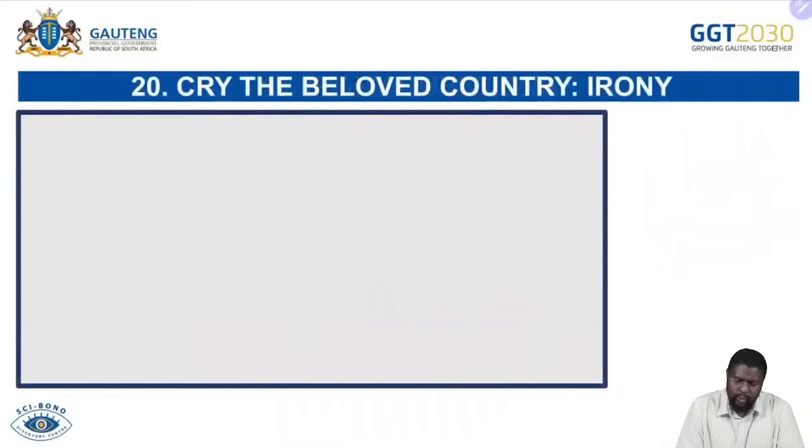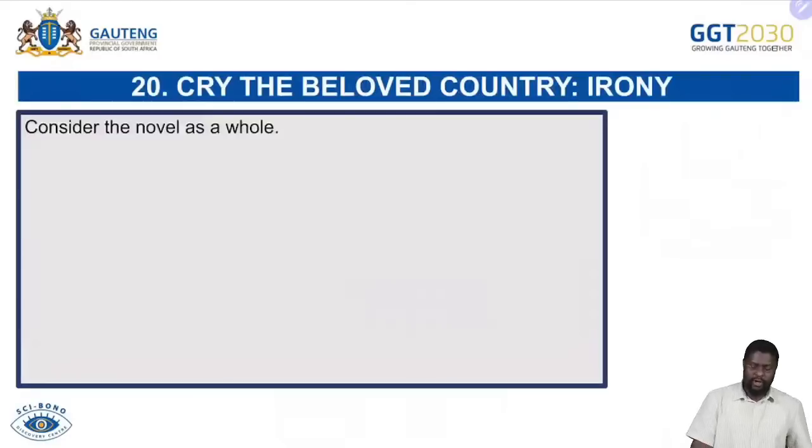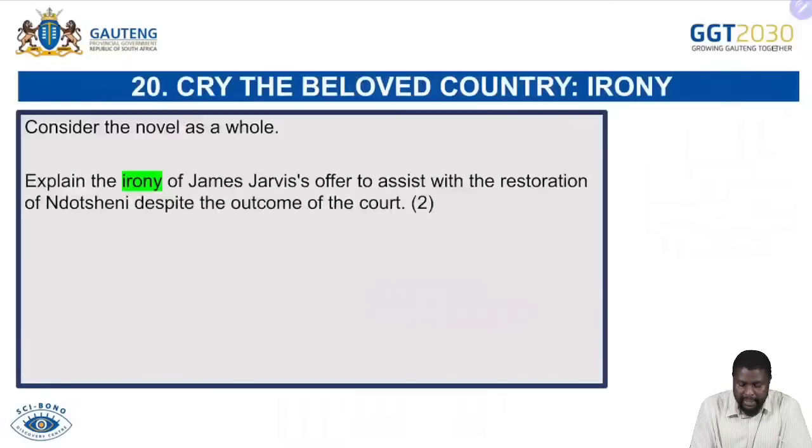So now we look at these words from our novel, Cry, the Beloved Country. Consider the novel as a whole. So now you must look for what happens from the beginning of the book, Cry, the Beloved Country, up until the end. Explain what is ironic about James Jarvis's offer to assist with the restoration of Ndotsheni despite the outcome of the court. So, here are our keywords here.